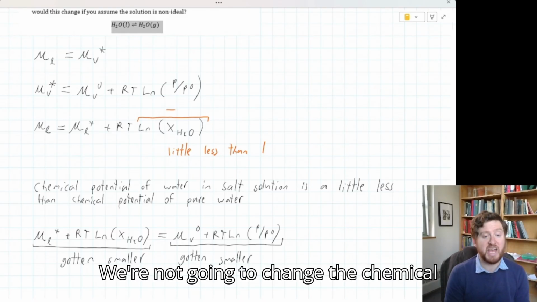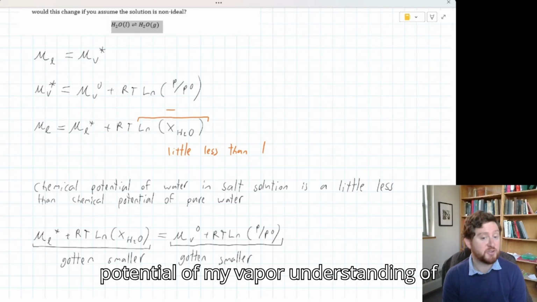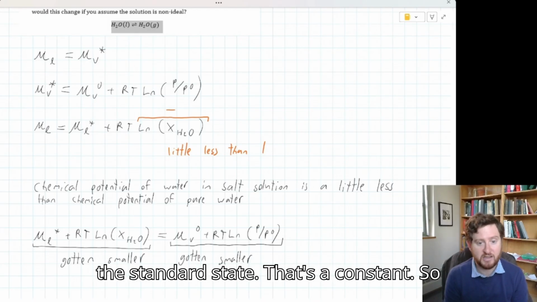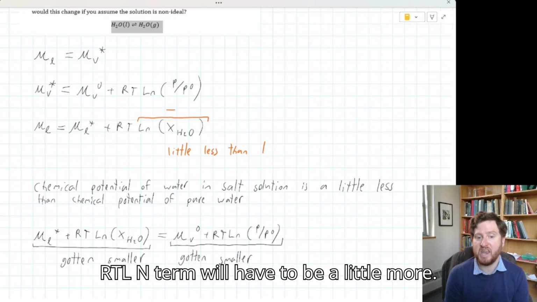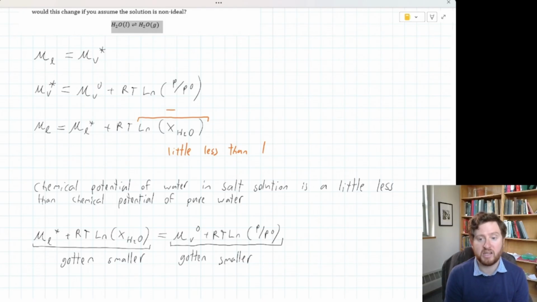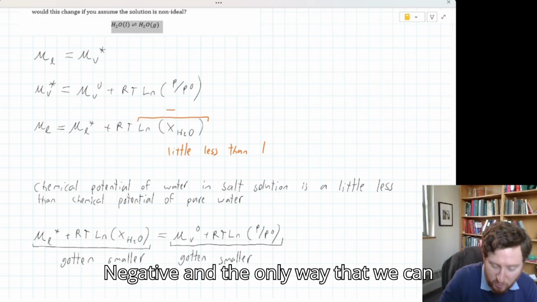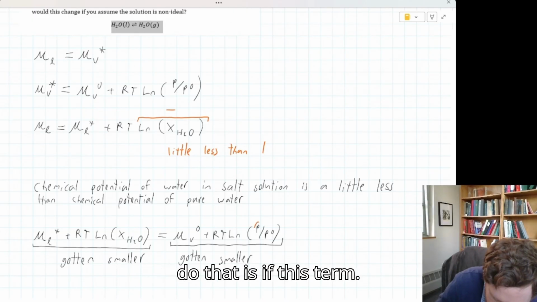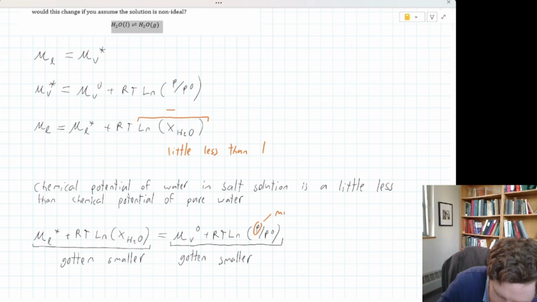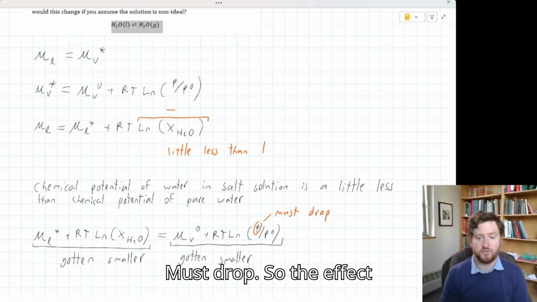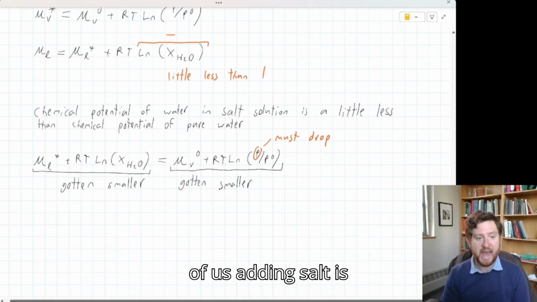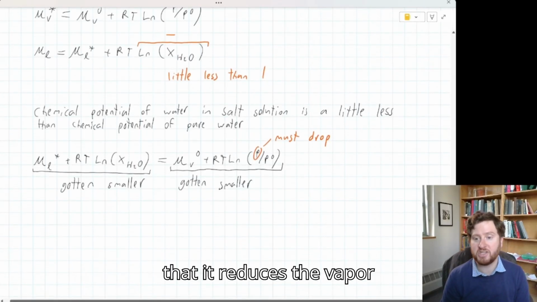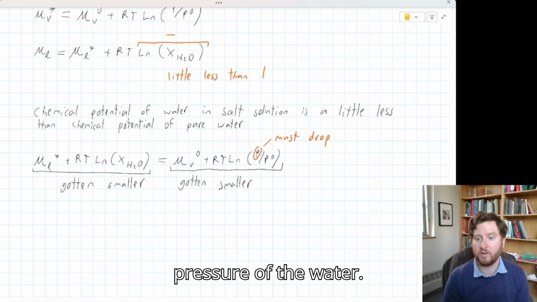We're not going to change the chemical potential of my vapor under its standard state. That's a constant. So what will have to have changed is that RT ln term will have to be a little more negative. And the only way that we can do that is if this term must drop. So the effect of us adding salt is that it reduces the vapor pressure of the water.